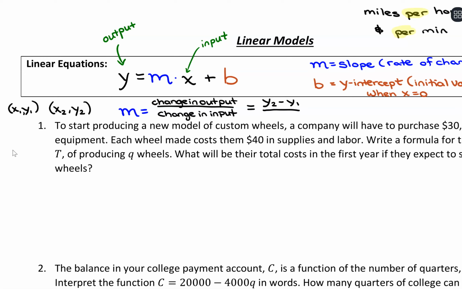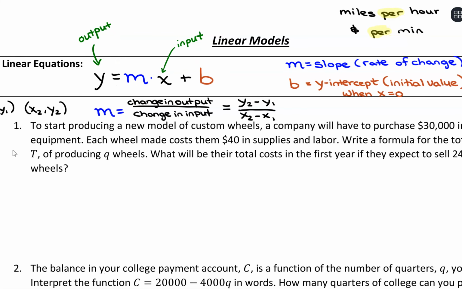And then in the denominator, to look at the change in x, we would take x2 minus x1. Sometimes they may give us wording that directly gives us our slope. Sometimes they'll give us an idea of two coordinates, and then we'll need to calculate the slope. So let's look at some examples here and see how this is coming through.